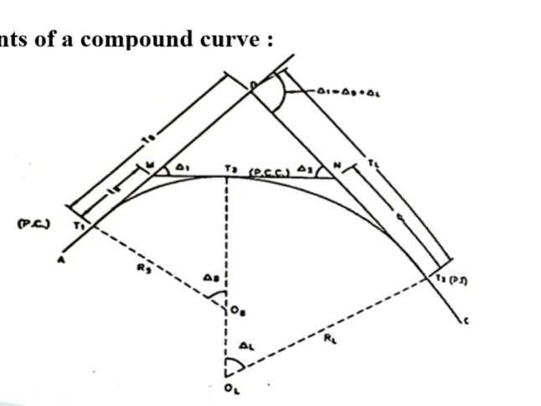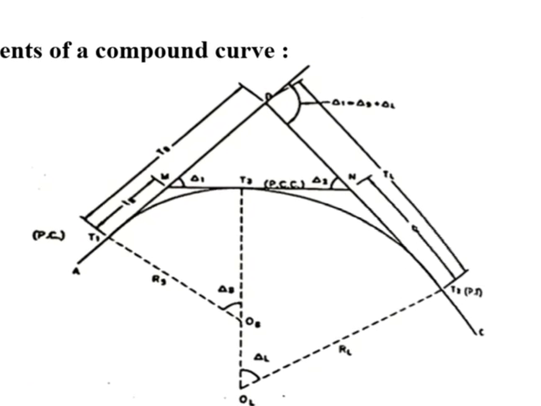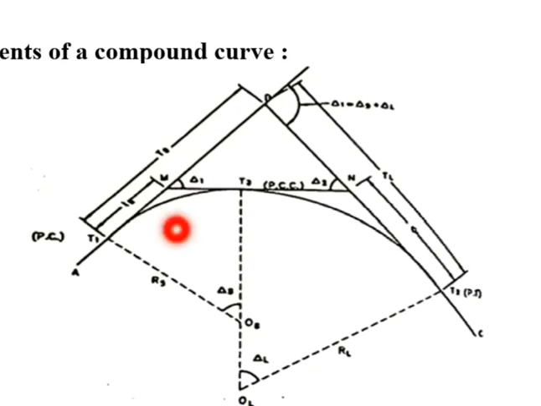This one, T1, T3, T2, having two circular arcs meeting at this common point T3, the point of compound curvature, PCC.